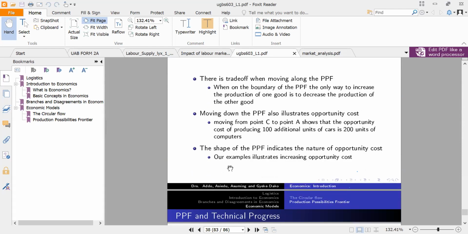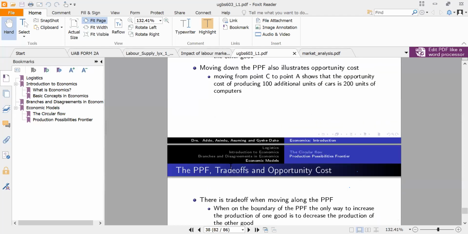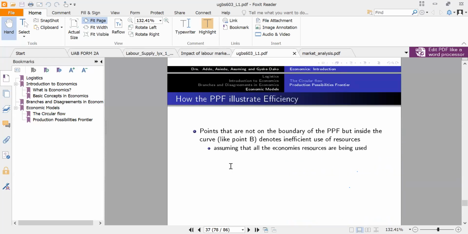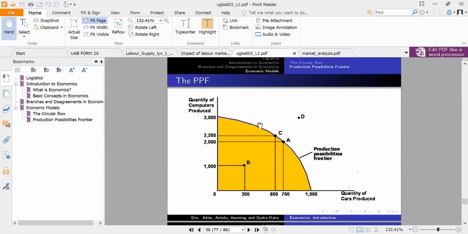The shape of the PPF indicates the nature of the opportunity cost. In our example, it is increasing opportunity cost. So it will become very difficult to give up the production of cars as you move along the PPF, because after 200, if you want to move to another point, say 300, you need to give up more, and then you have to give up more.